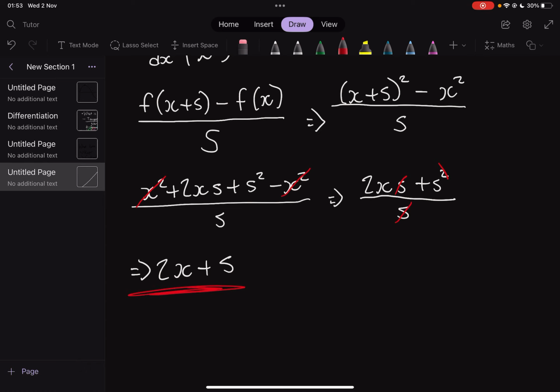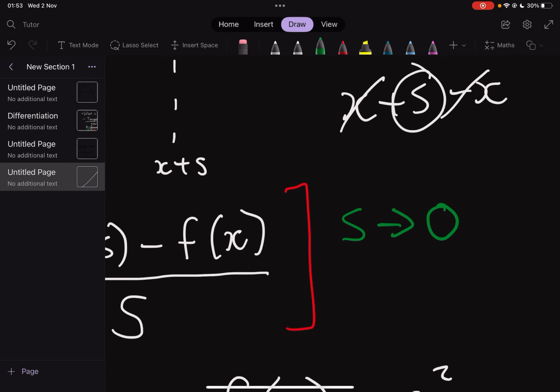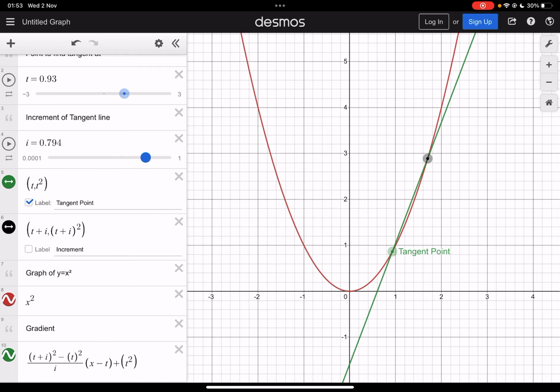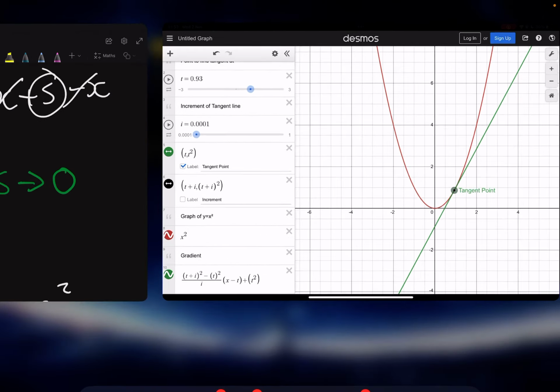So we have this equation right here, and as we said before, we want s to approach 0 so that this gradient becomes infinitely small and will become the tangent point.